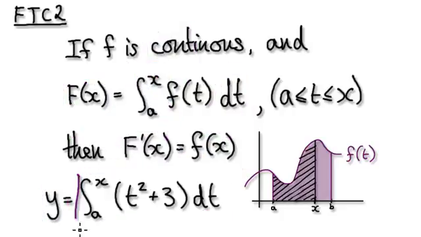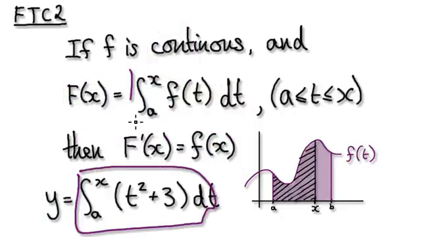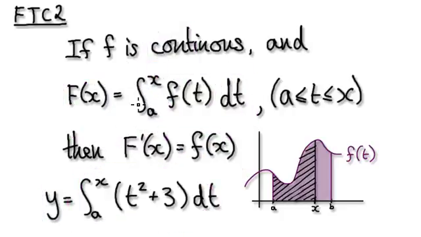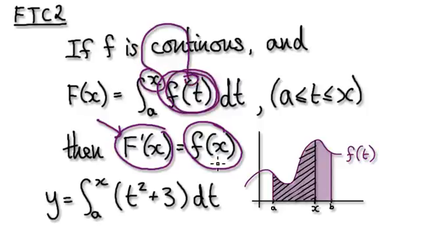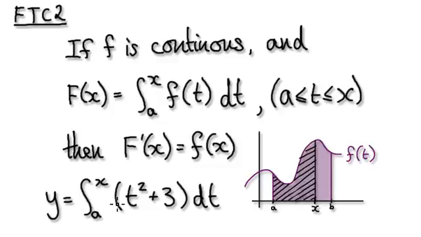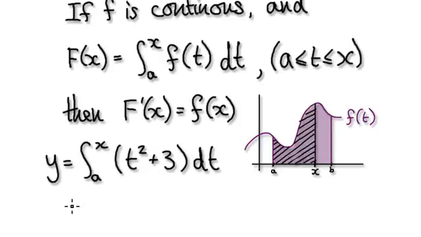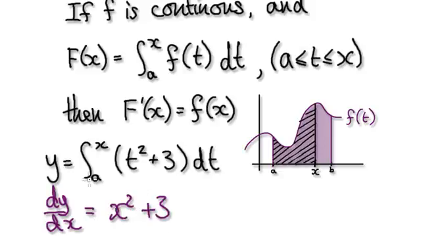Because this is exactly the same as this, if you want to know dy by dx, just look at the function itself and evaluate it at x. So it becomes x squared plus 3.